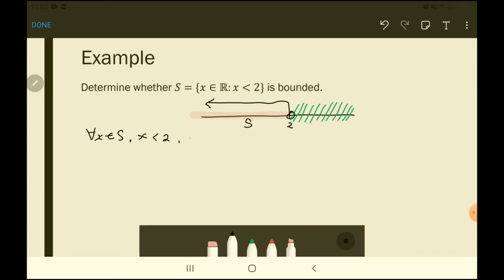That means that 2 and other numbers greater than 2, which is here, I'm writing the values of numbers in the green part there, right? 2 and other numbers greater than 2, because 2 is not included in S, are the upper bounds.